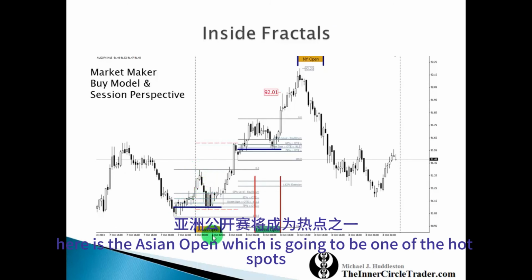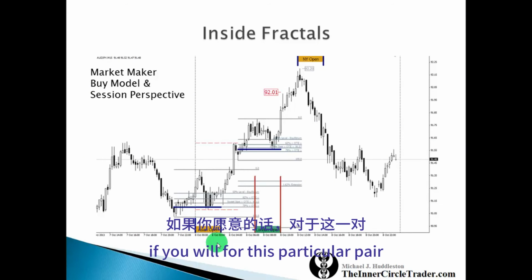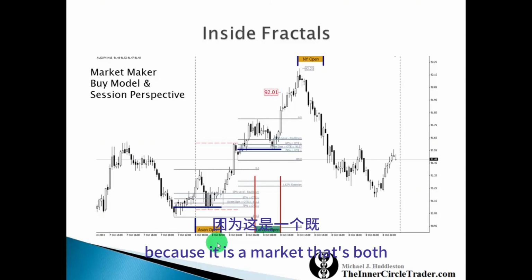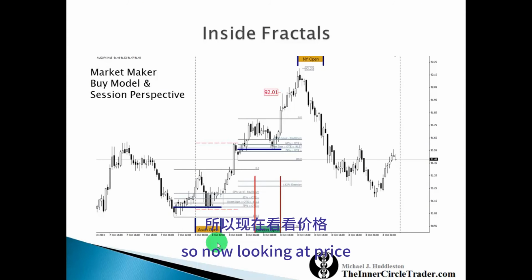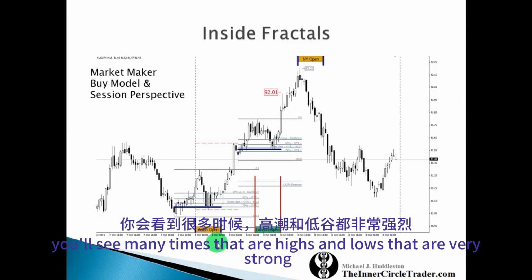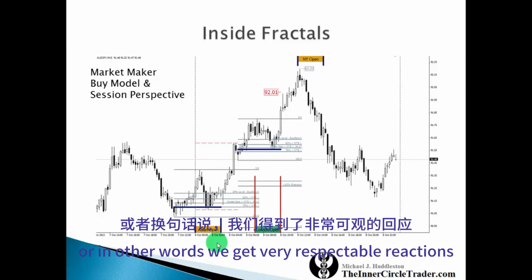Here is the Asian Open, which is going to be one of the hot spots, if you will, for this particular pair, because both the Aussie and the Japanese yen are very active during the Asian session. So looking at price, you'll see many times that our highs and lows are very strong, or in other words, we get very respectable reactions.